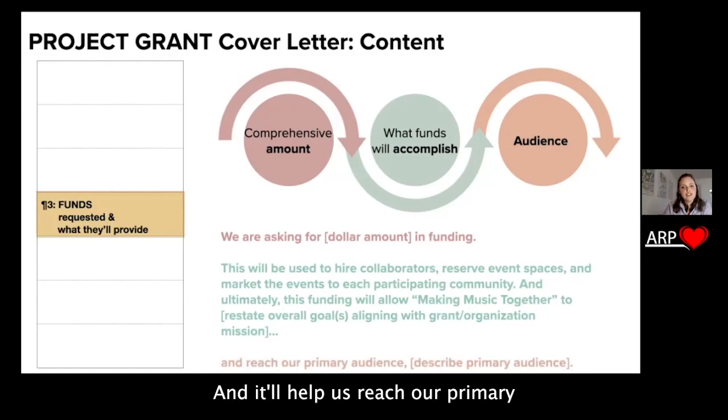And it'll help us reach our primary audience of blank, whoever they are. And you can decide if you want to include the audience portion again, for space. That might be one of the first things that you cut, especially if they don't ask you to define your audience in the application form, if it's an application form. But if they do, it might be a good thing to just mention in brief here.